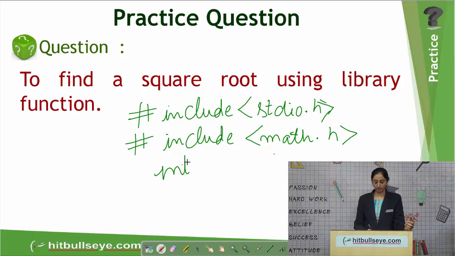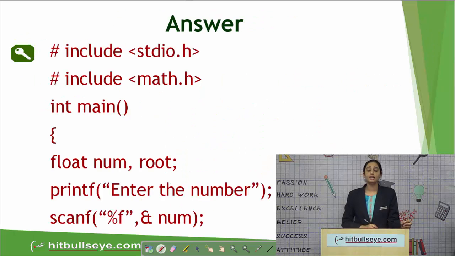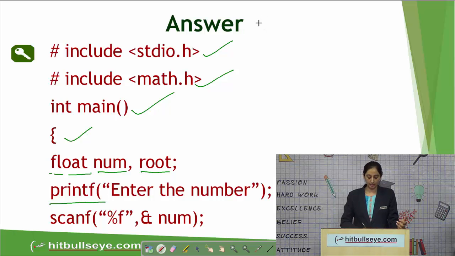Further, the main function and the curly braces. So let's have a look at the answer. These are the header files, the main function, curly braces, float is the data type, and these are the variables. Further, the printf function is used to print the line on the output screen, that is, enter the number.